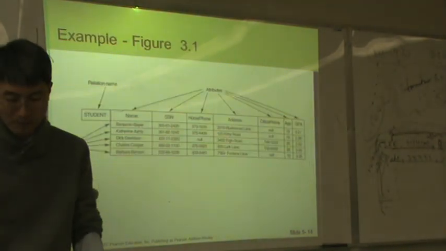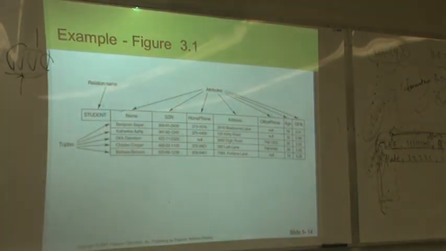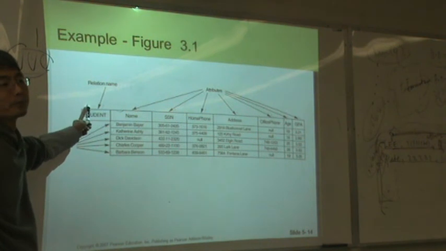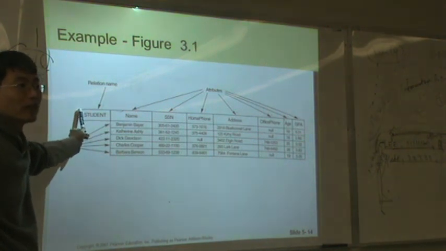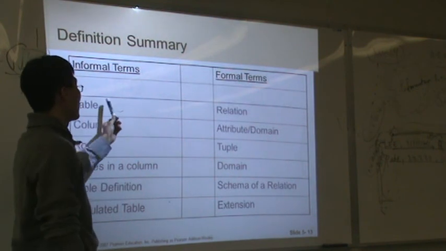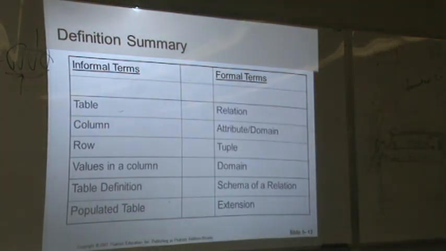Okay. So this is an example of the relation that we define. We have the student what? Relation. Not table yet, but as we have seen here, the relation eventually will be a table in DBMS. Okay?